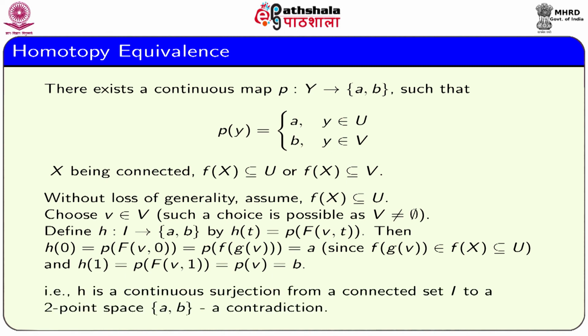That is, h is a continuous surjection from a connected set I to the point space {a,b}, which contradicts the connectedness of capital I. So this proves that whenever we are taking capital X a connected space and capital Y a disconnected space, they can never be of the same homotopy type.